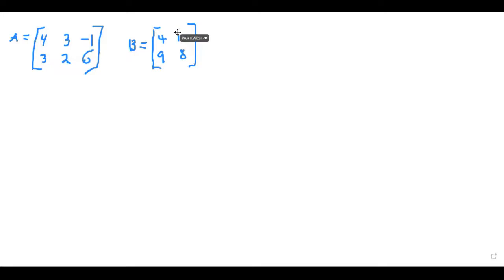Are we waiting for them or should we add it now? Let's continue. I'm asking whether we can perform the addition on these two matrices. Can we add them or not? It's a question.